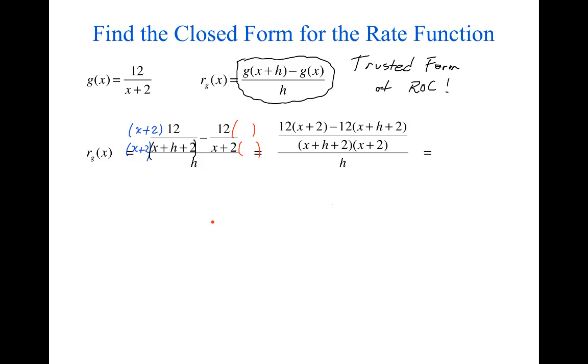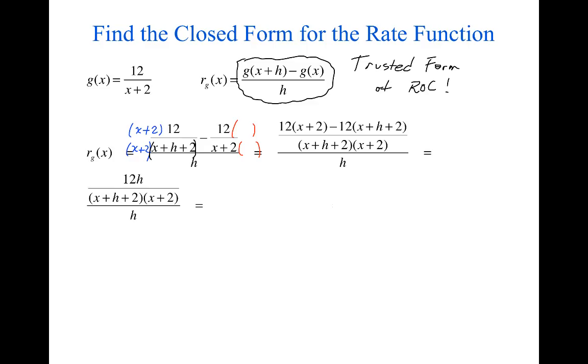So I got my common denominator, with 12 times x plus 2 minus 12 times x plus h plus 2 in the numerator. I'm going to leave the product in the denominator as it is, but simplify the very top. When you simplify that whole top, the 12x and 12x go away, and then 12 times 2 and negative 12 times 2 go away, and all that's left is negative 12h.